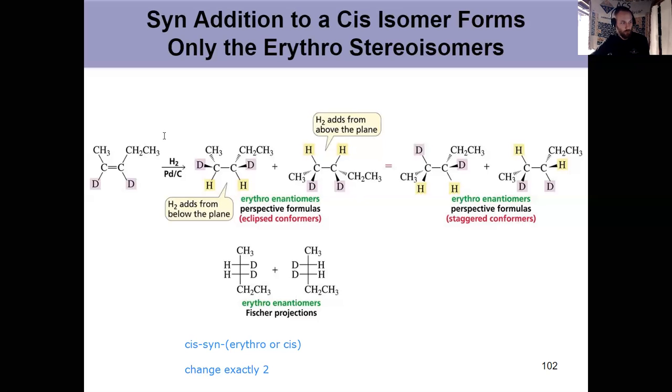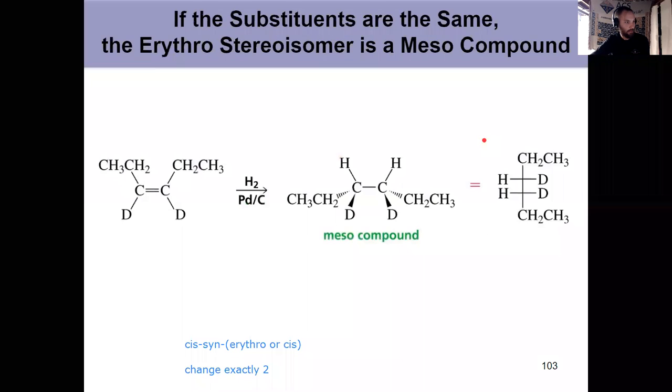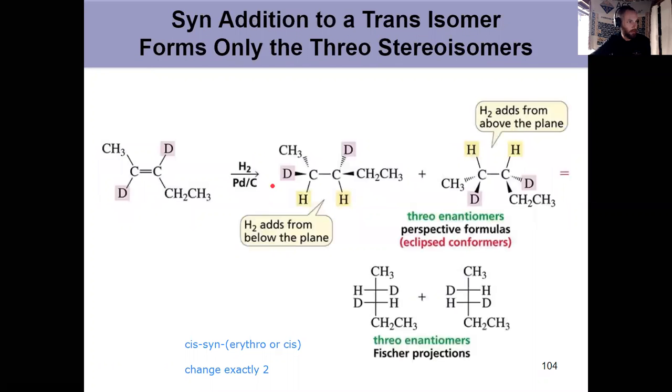But if it was trans to begin with, if I changed that word to trans and I do a syn addition, then the product has to be the threo enantiomers. So let's take a look, see if that's on the next slide here. No, is it on the next one? Yeah, here it is.